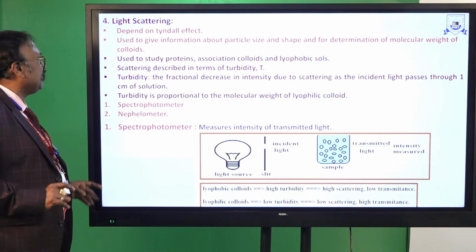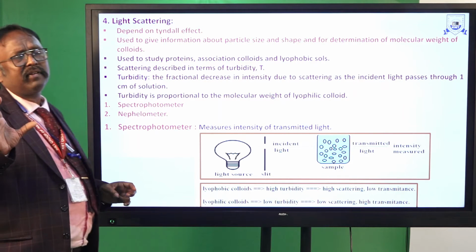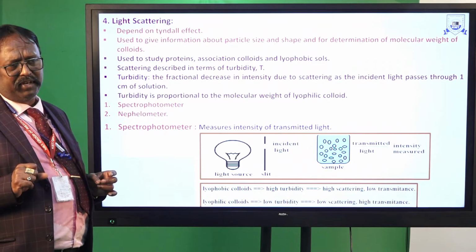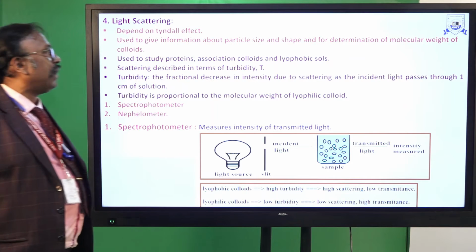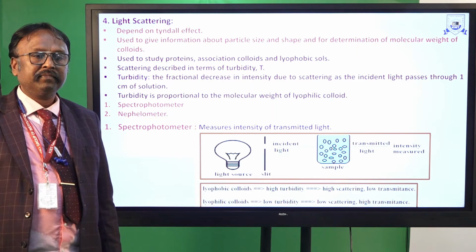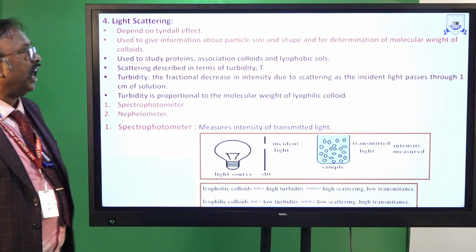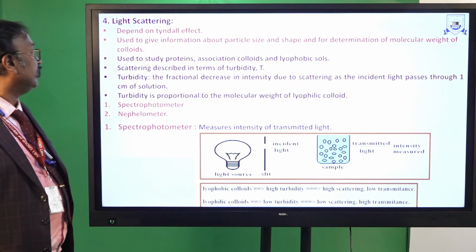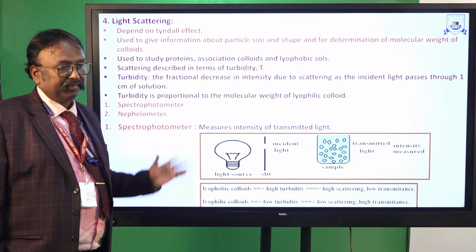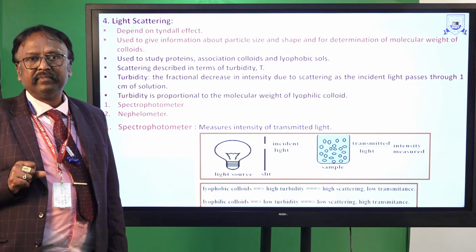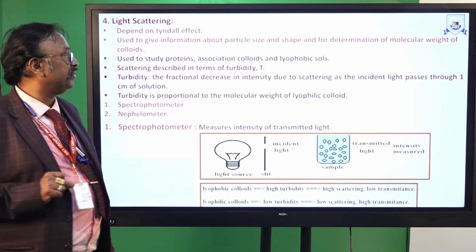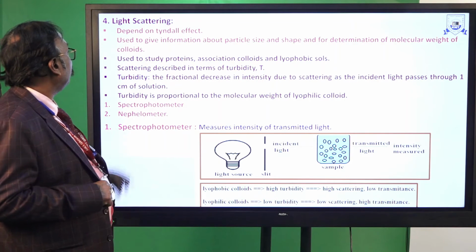Then light scattering depends on the Tyndall effect. It is used to give information about particle size, shape, and determination of molecular weight of colloids. This method is used so that the shape, size, and molecular weight of colloids can be determined by light.